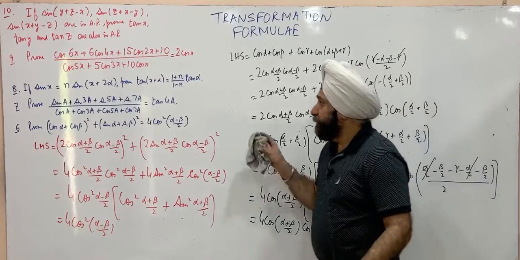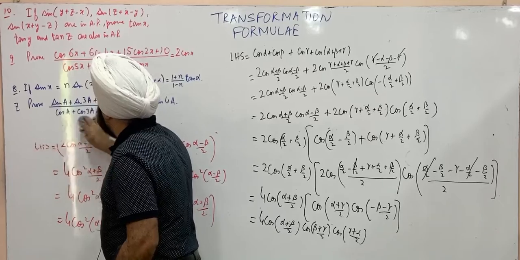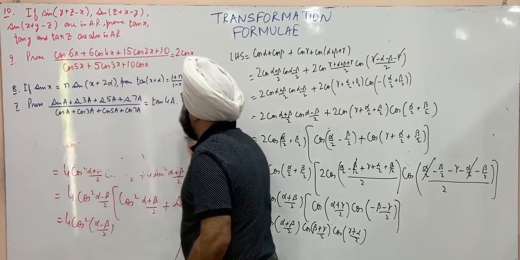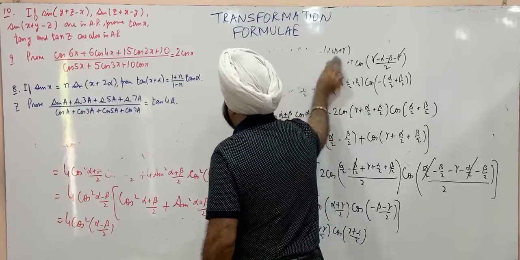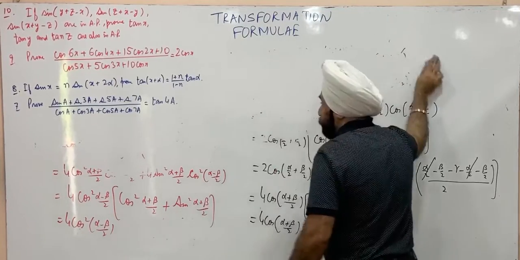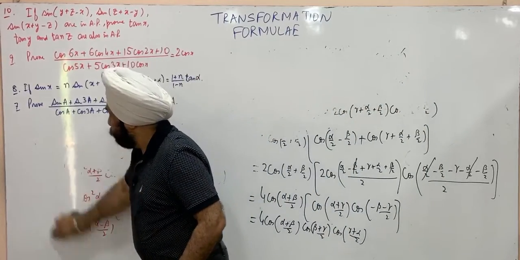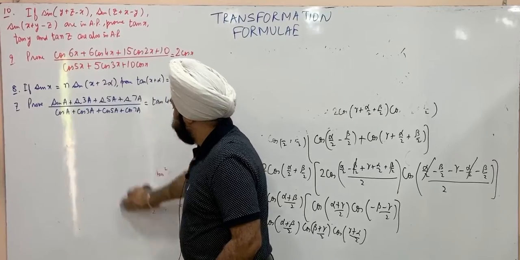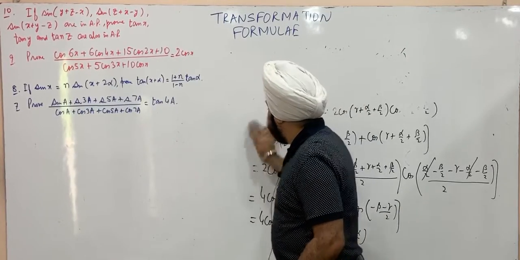The next one, 7th question, we have sin a plus sin 3a plus sin 5a plus sin 7a upon cos a plus cos 3a plus cos 5a plus cos 7a. We have to prove this is equal to tan 4a. So here also we will use CD formulas in the numerator as well as in the denominator.